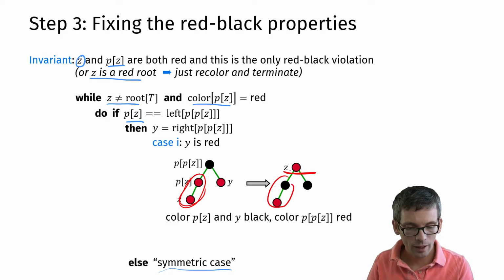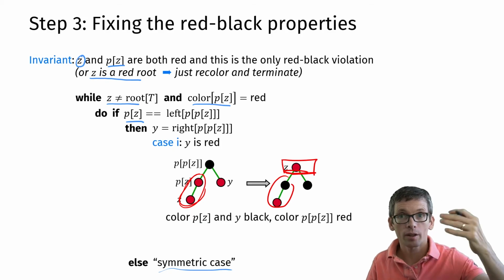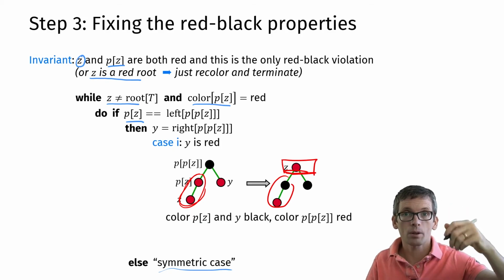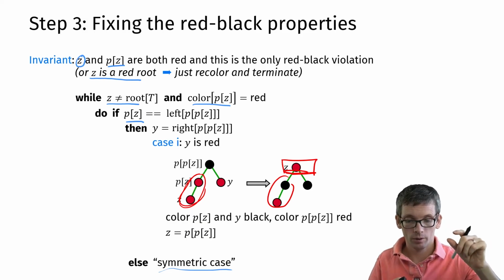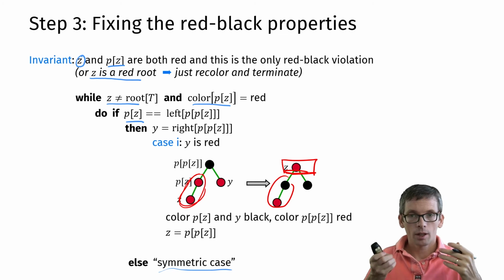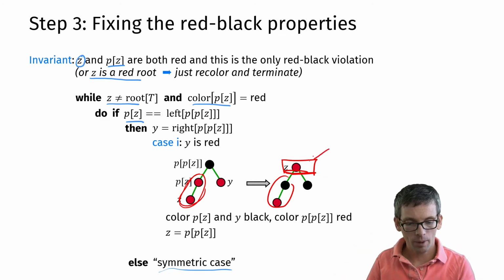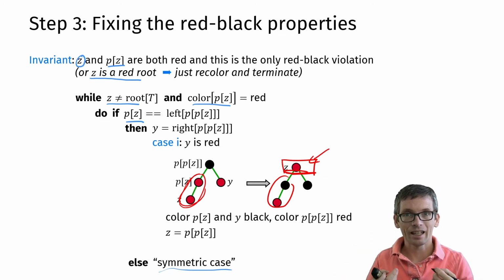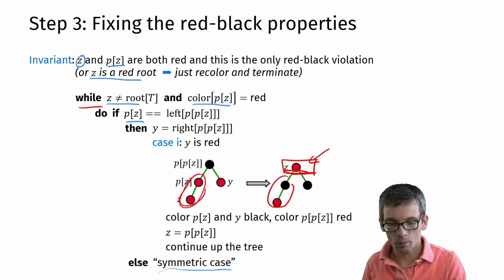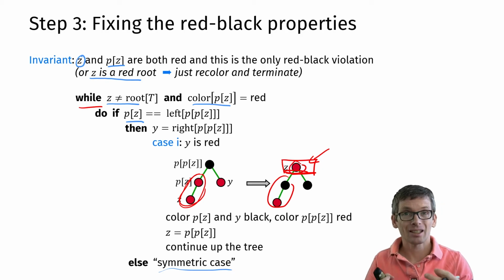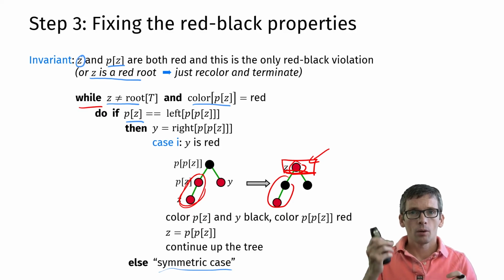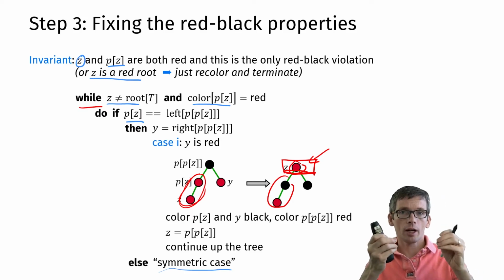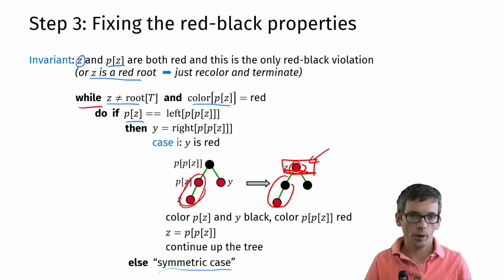Now, of course, I could still have a violation further up the tree because the parent of the grandparent might be red. So now I might again have two red nodes. So what I do now is I make this grandparent the node Z, and I continue my while loop, but now with this node as a node with a potential violation. So this was case 1, where the parent and the other child of that grandparent both were red.